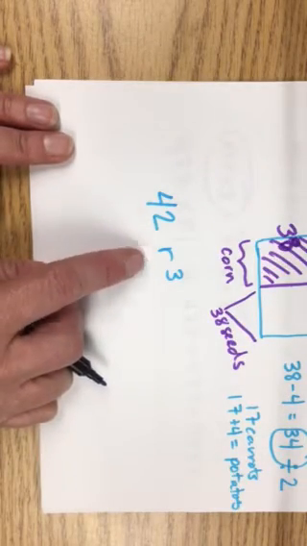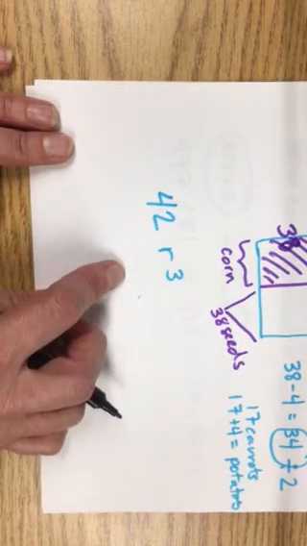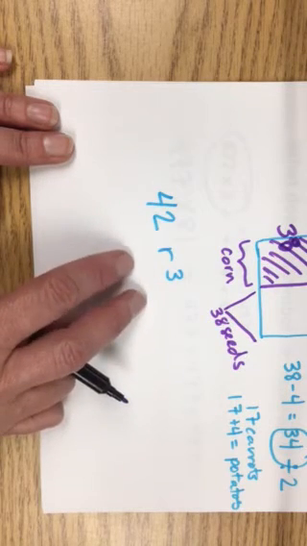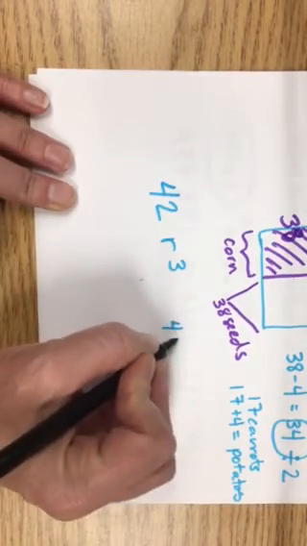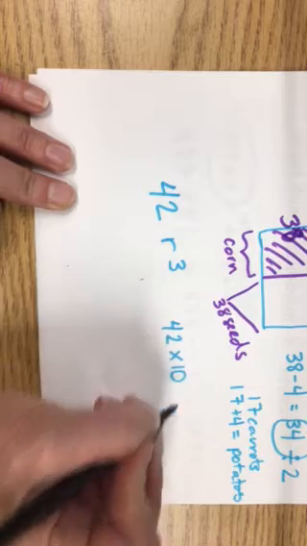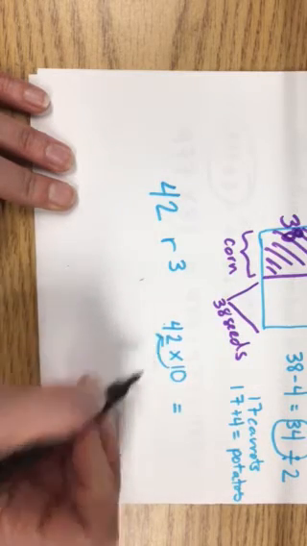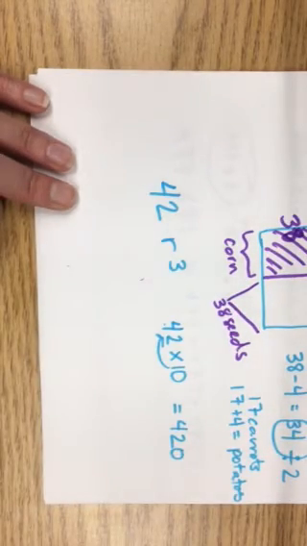Okay? So first, we know that quotient means to divide. I also want you to think that the opposite of division is multiplication. That's important because we've learned our 10 rules, right? We know that 42 times 10 is going to be 1 times 42 and add the 0, 420, okay?